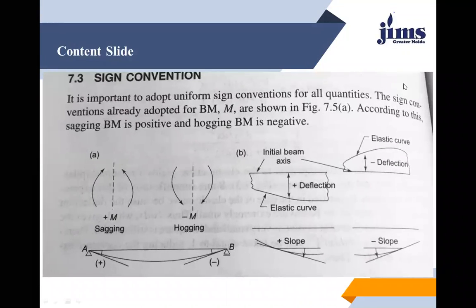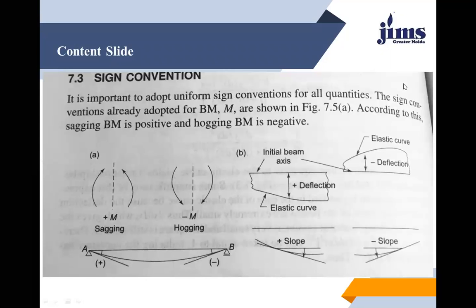Now, sign convention. If the sagging moment is there, we take the positive sign, and if the hogging moment is there, we take the negative sign. For deflection, downward deflection is taken as positive and upward deflection is taken as negative.